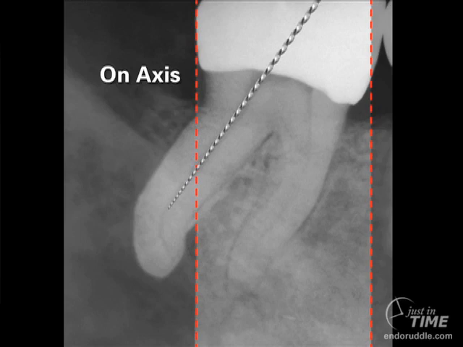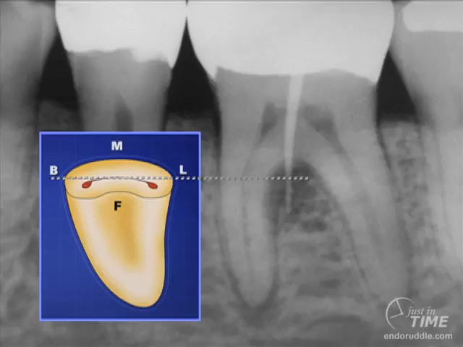So the take-home message is, if the roots lie underneath the clinical crown, then straight line access is observed when the handles stand up straight and tall. You can also have straight line access even when the handle comes out off axis if the roots aren't underneath the dimensions of the clinical crown.